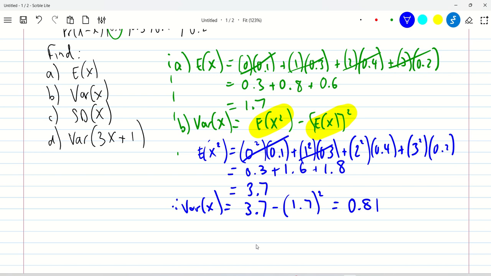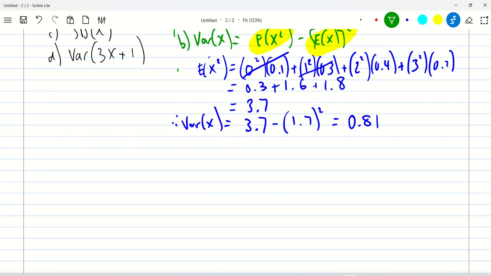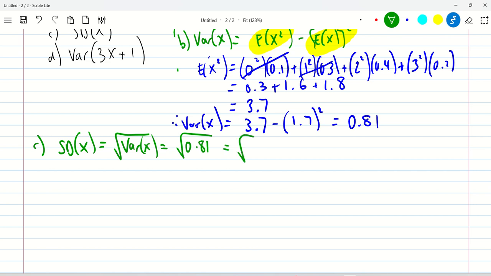That bit's done. Let's now move on to part C, where I want the standard deviation. Okay, so part C, standard deviation of x is equal to, remember, square root of variance of x. So that's just the square root of 0.81. I'm just going to do it without a calculator to show you, maybe if you have an exam where you can't use one.